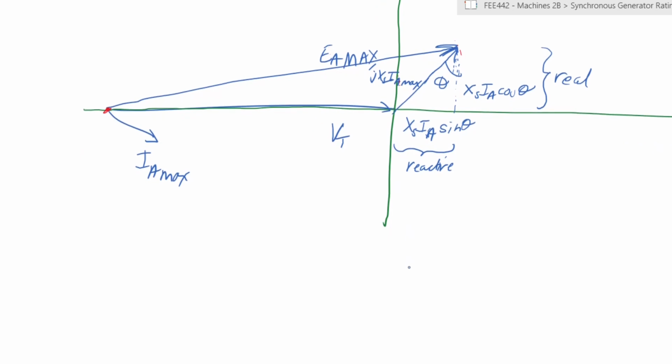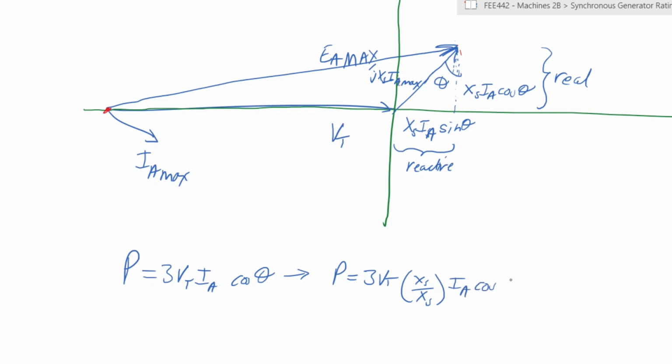Now, the real power produced by the generator is given by P = 3 VT IA cos theta, right? The theta which we have here. That particular angle is interesting because you can do a slight modification to the equation: P = 3 VT, let's do XS over XS, times IA cos theta.